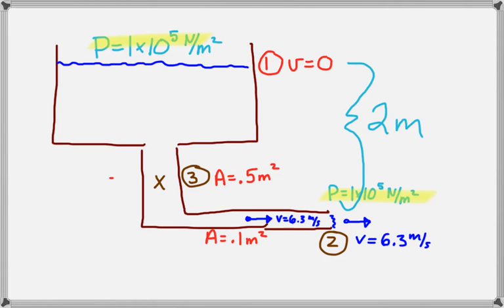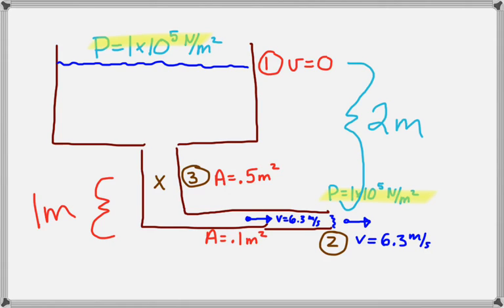And again, just for simplicity's sake, let's say that's 1 meter above point 2. So would you expect the pressure at point 3 to be smaller than 1 times 10 to the 5th or bigger?